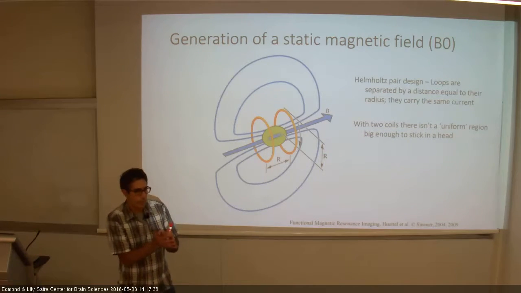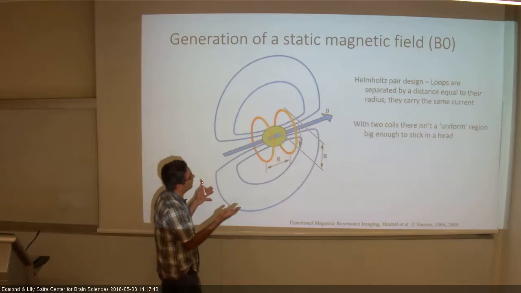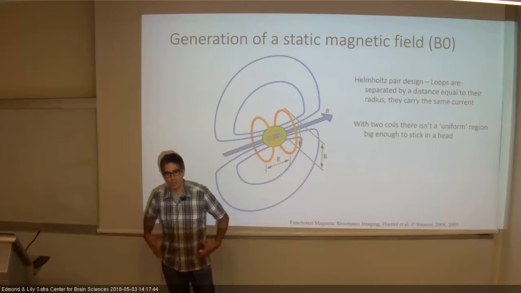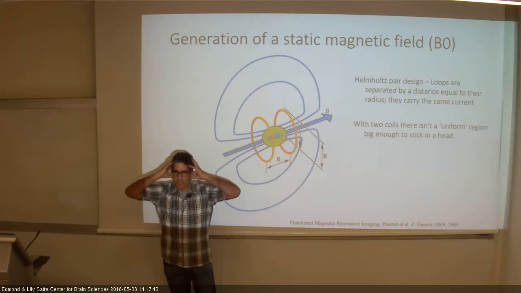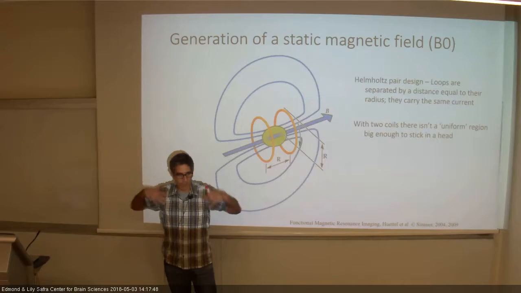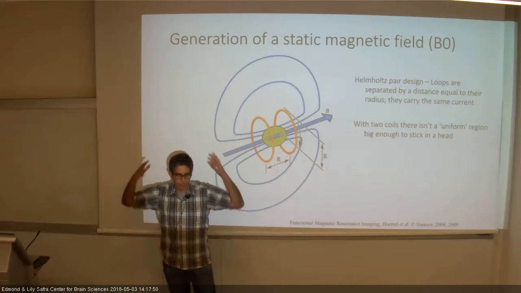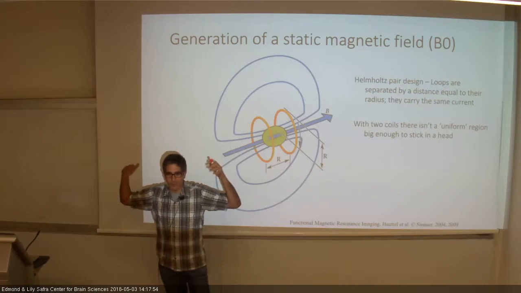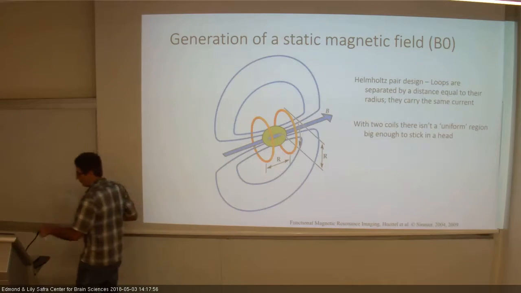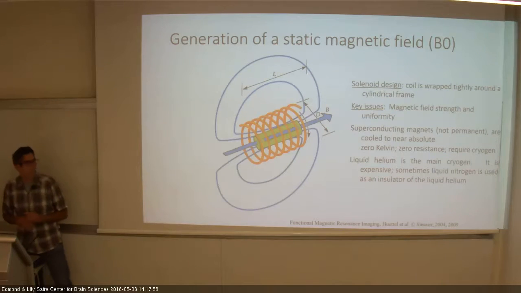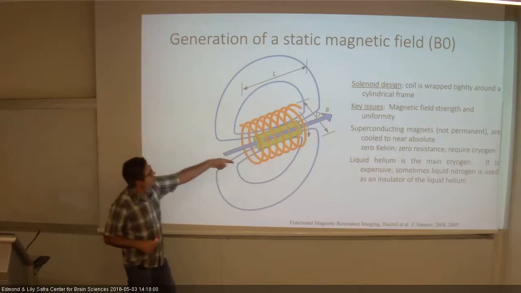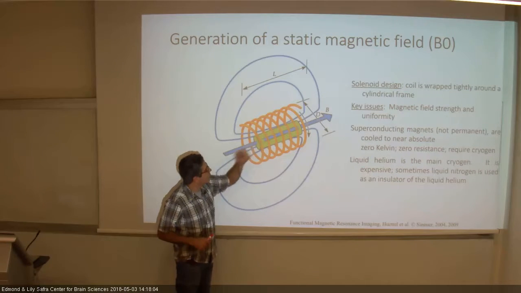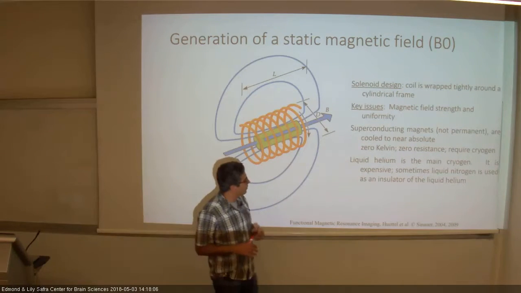So what we need to do in order to get a big and uniform magnetic field, big enough to fill the whole body, we typically don't use just a head MRI. We use a body MRI, which has a diameter for bigger men than me. So we typically have many wires like that that go around, and we inject the current inside, and then we can create this uniform magnetic field.